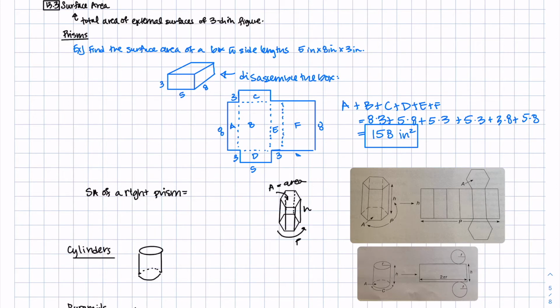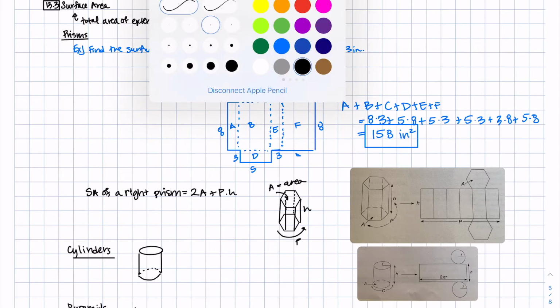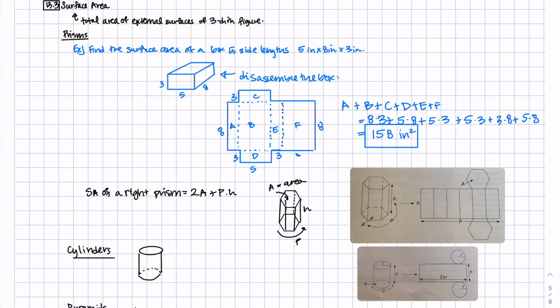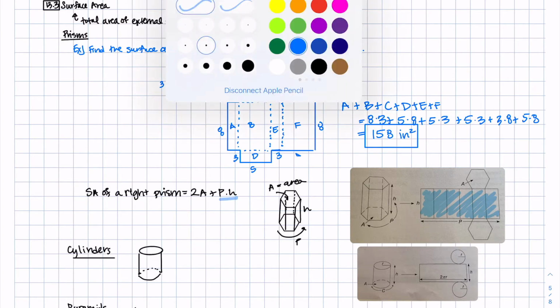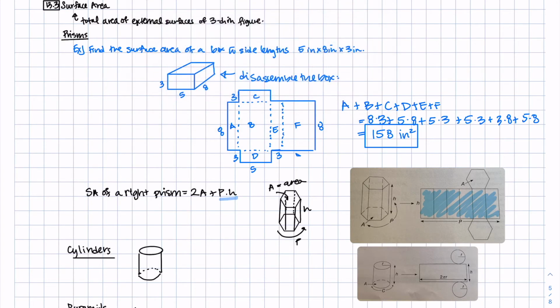So for my total surface area, I have 2 times the area of the top, and then I have the perimeter times h, which gives me the giant rectangle area. So the P times h corresponds to this whole region, and then the 2 times a corresponds to these two pieces.